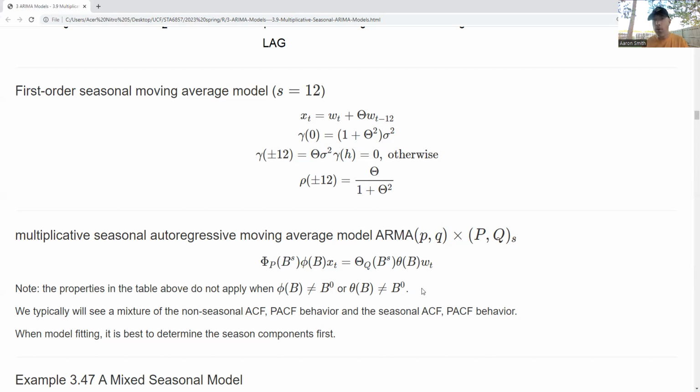This is why it's really important to first get our transformations done before I do model fitting, before I identify the degrees of things. It's important that I do my differencing first. So do my regular differencing, do my seasonal differencing, then I start looking at ACF, PACF to try to identify the regular ARIMA processes that I want.